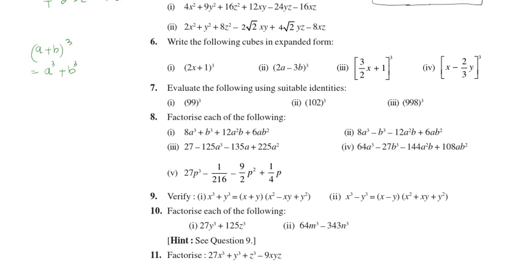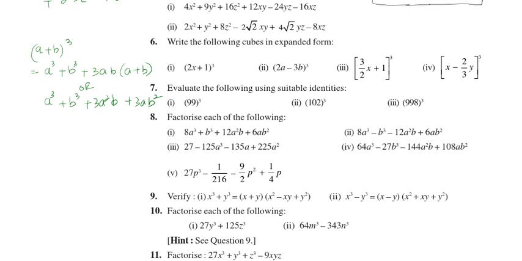Okay, a cube plus b cube plus 3ab, and in bracket a plus b. An idea to remember this one: in fact, you should remember both the expansions. Why? Because sometimes we need one type of expansion, sometimes we need the other type.